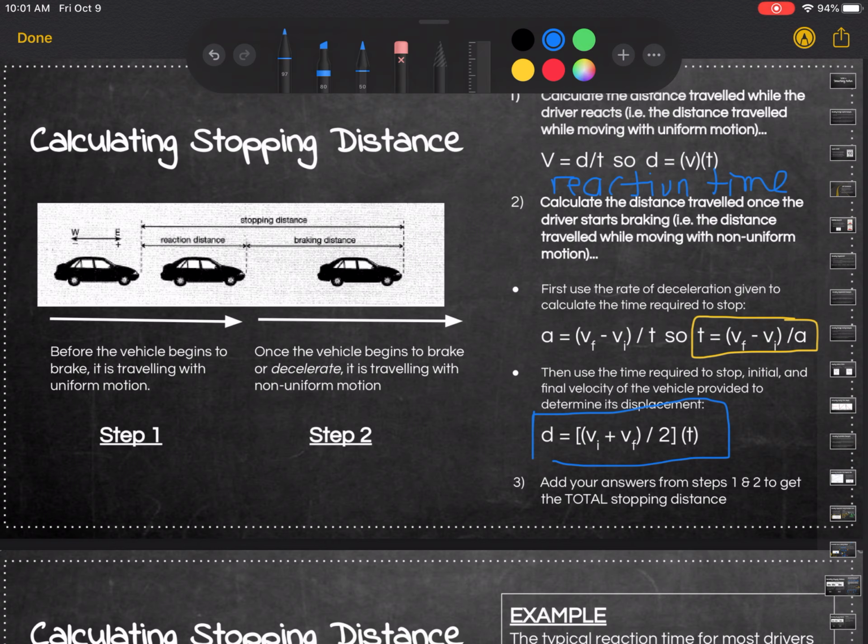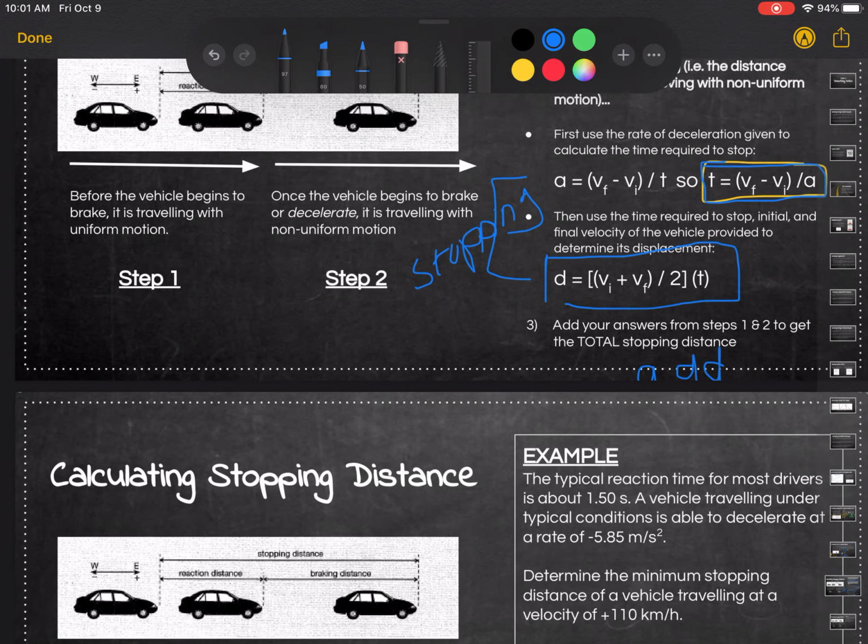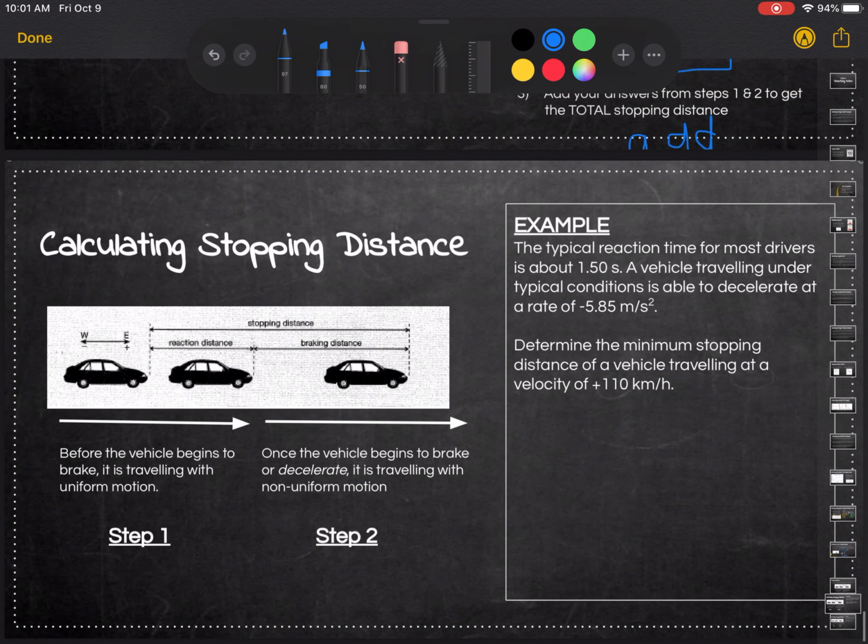And to do that, you need to figure out the time, so you use this formula. So it's I guess like a 4-step process: reaction time, and then this is for stopping. And then once you've got all of those numbers, you can add them all together at the end, and that should give you your stopping distance. We're going to do an example of that. I might not have enough room here because these questions tend to be quite extensive.